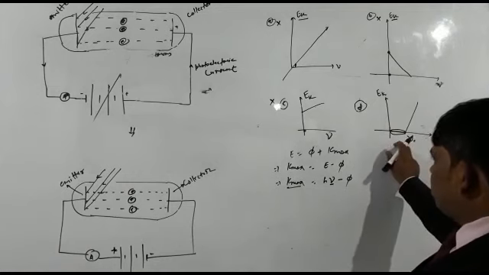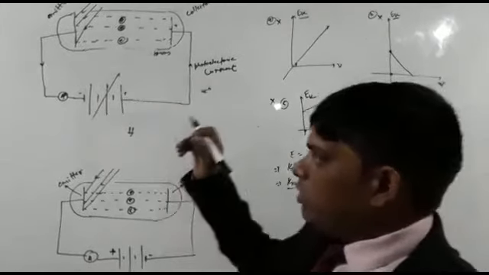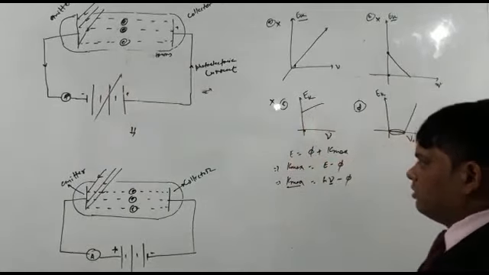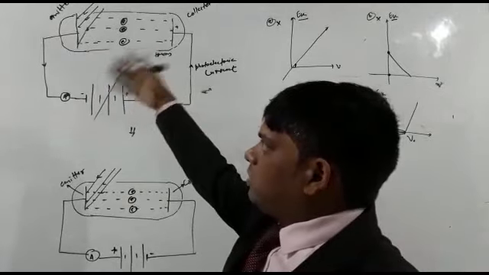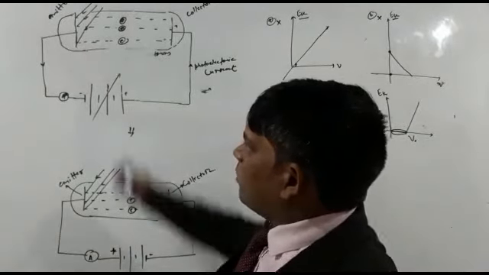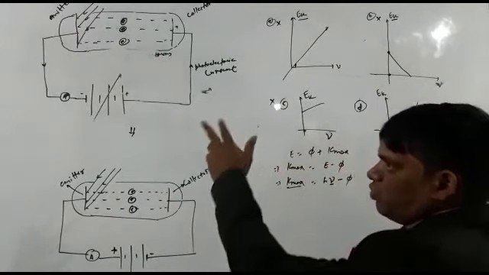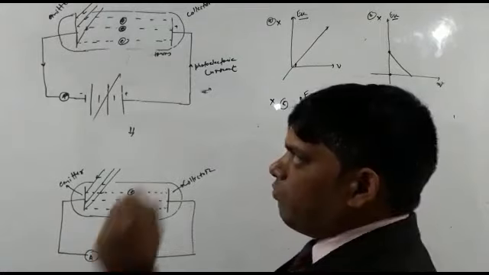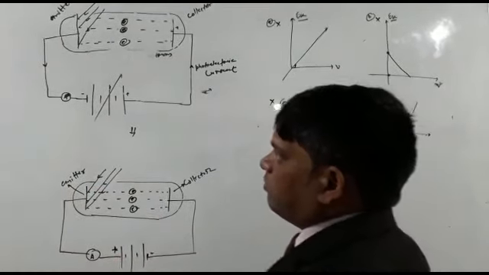So the energy of the photon is not sufficient for the electrons to come out from the metallic plate. Means the electrons of the metallic plate are not getting sufficient energy from photons so that they can eject out from the emitter.